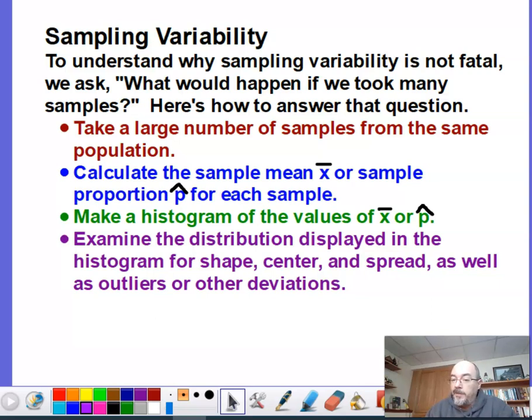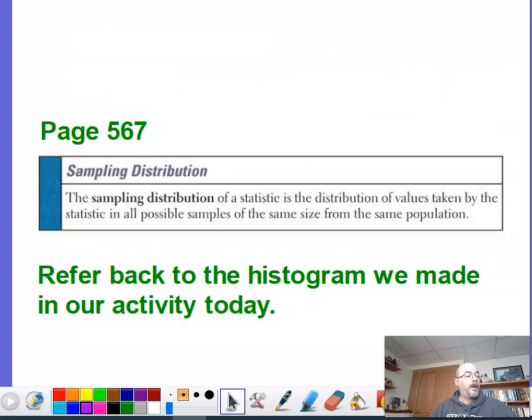Make a histogram of the values of x bar or p hat, just like in our activity. Examine the distribution displayed in the histogram for shape, center, and spread, as well as outliers and other observations.